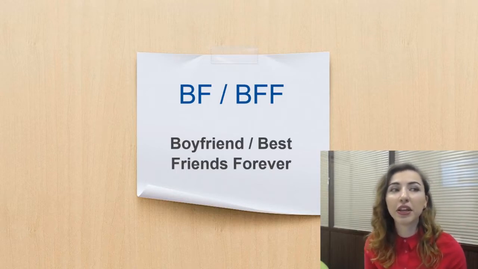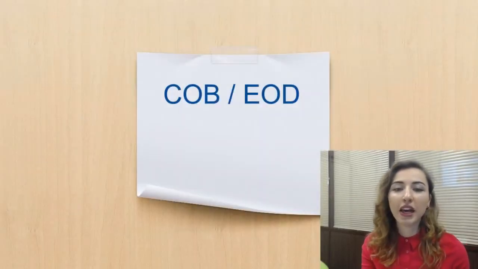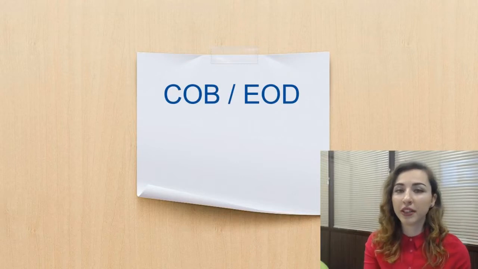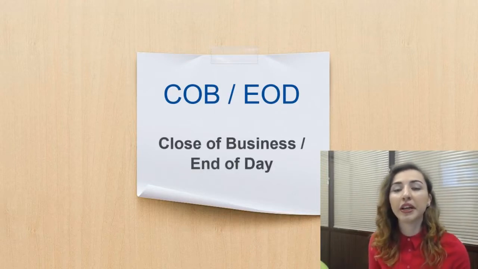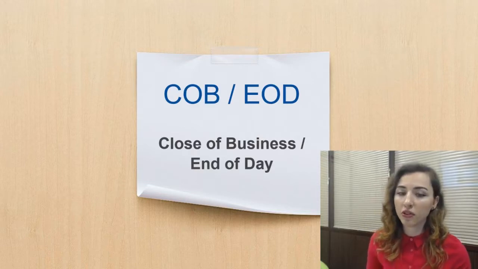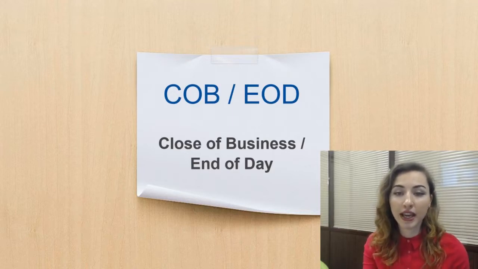And I saw that written pretty many times, like this is my BFF and I had a really great time. Now, COB or EOD, you probably came across in business correspondence, so close of business or end of day. So you better submit it EOD, by the end of the day.